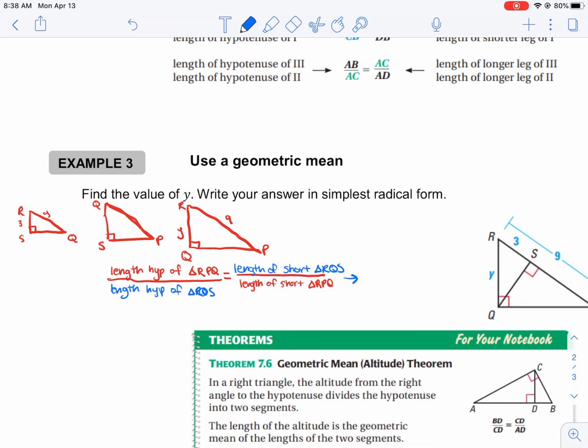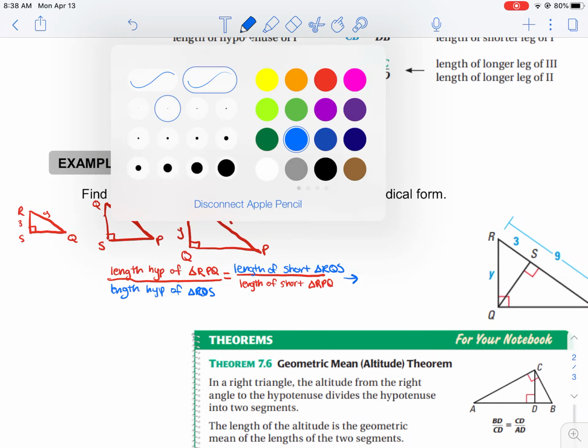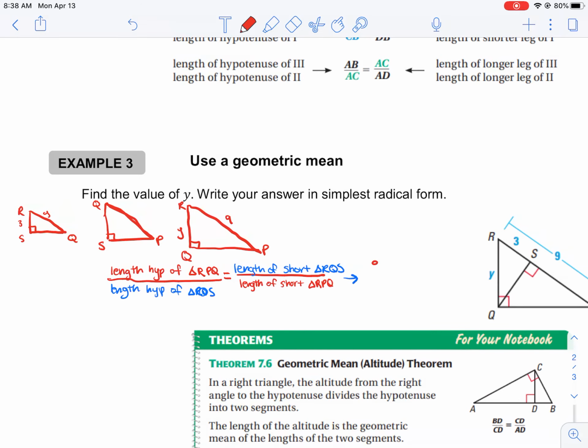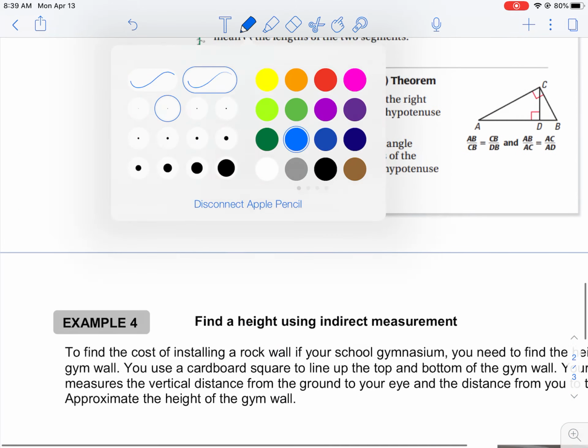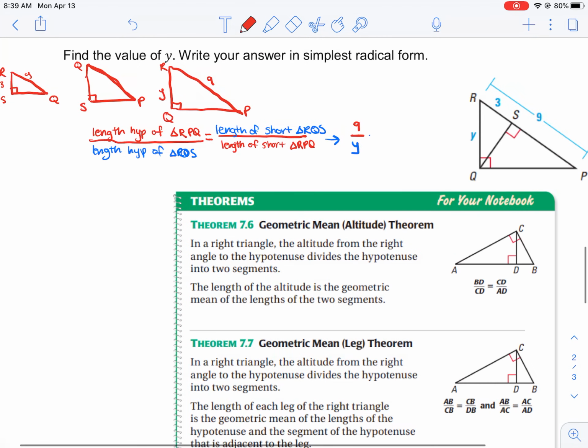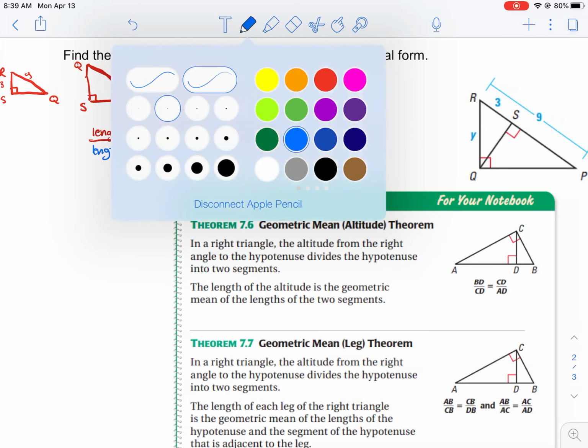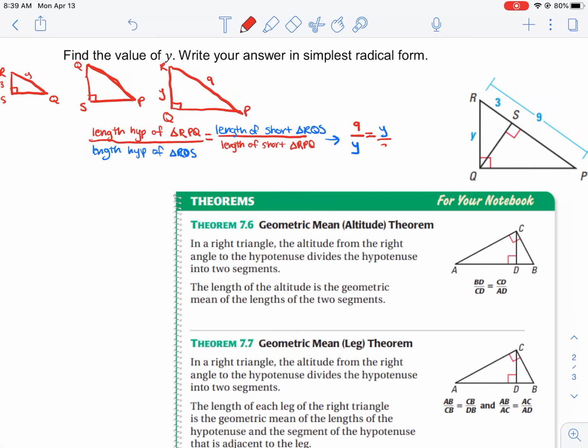So then our proportion will be, let me keep my colors here. Oops, that's not right. So my proportion will be 9 over Y equals Y over 3.